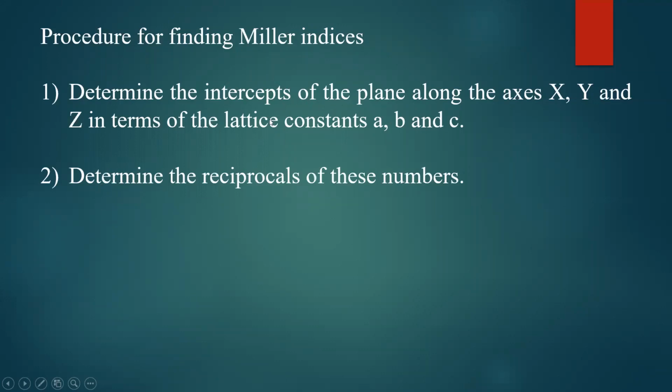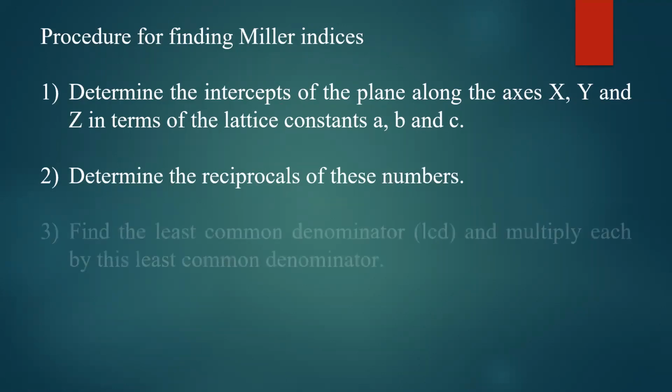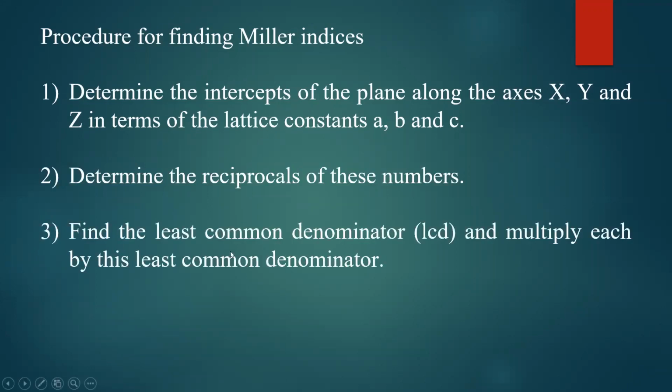First you find the intercepts. After that, you find the reciprocals of these intercepts. Then find the least common denominator, that is LCD, and multiply each by this least common denominator.